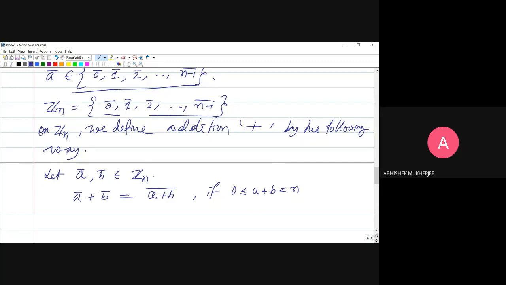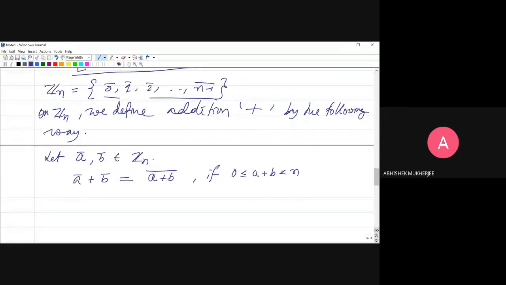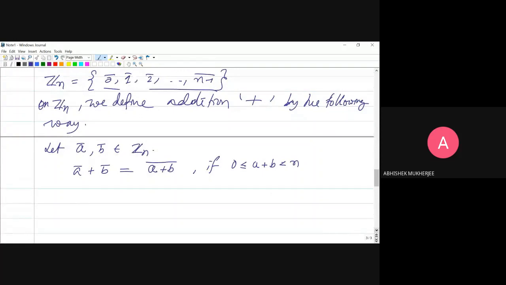But if it is not, then you need to invoke division by n. You need to divide a plus b by n, and through this division you will get the required remainder, and that remainder will be between 0 and n, and this remainder will give you the same class as that of a plus b class.